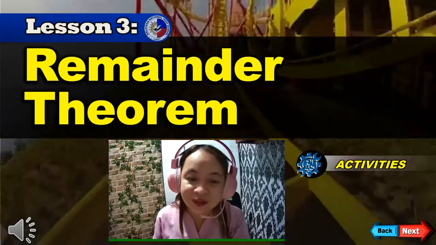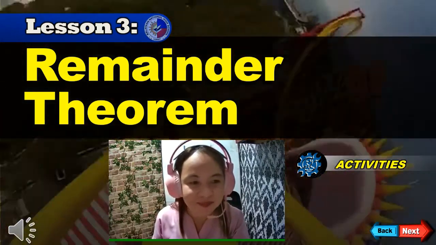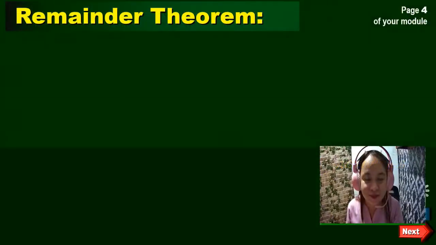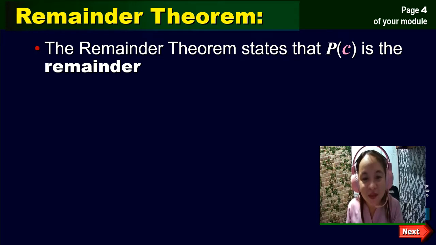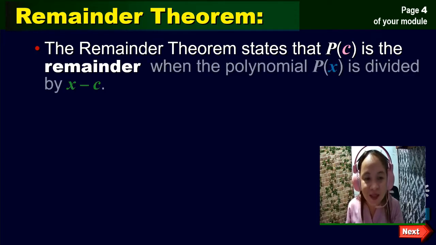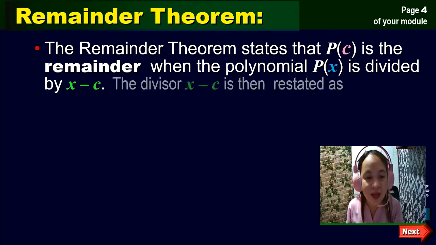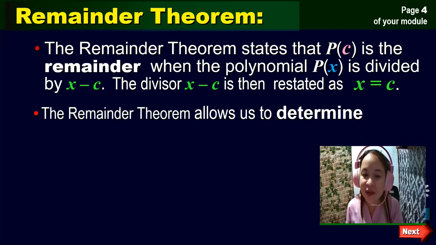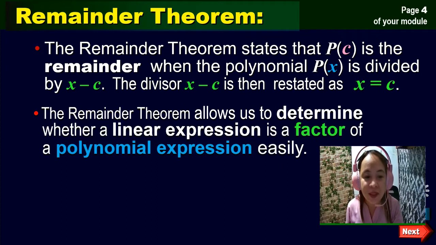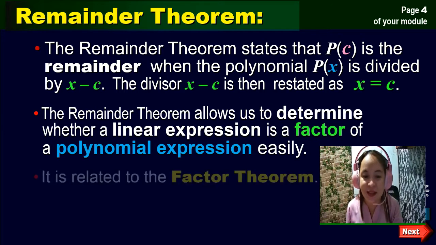Now let us find out what is a remainder theorem. The remainder theorem states that P of C is the remainder when the polynomial P of X is divided by X minus C. The divisor X minus C is then restated as X is equal to C. So the remainder theorem allows us to determine whether a linear expression is a factor of the polynomial expression easily.